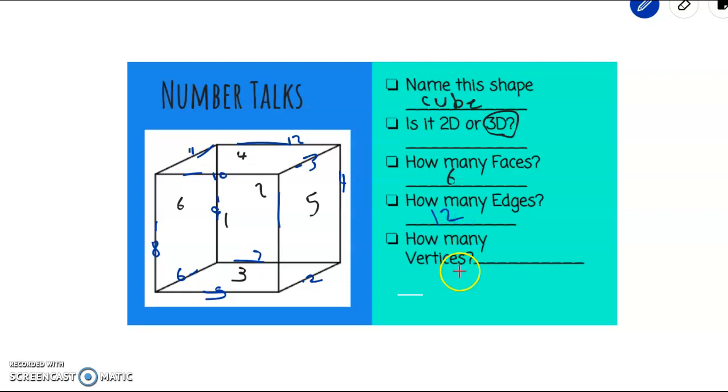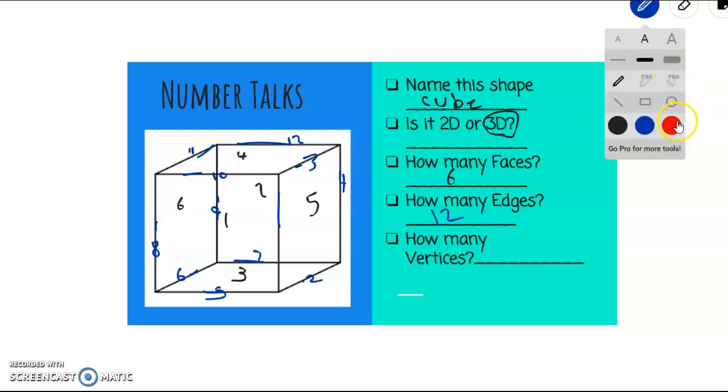Now let's count our vertices. Let me go ahead and change this again. Remember our vertices are the corners.